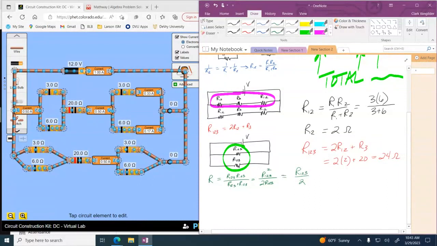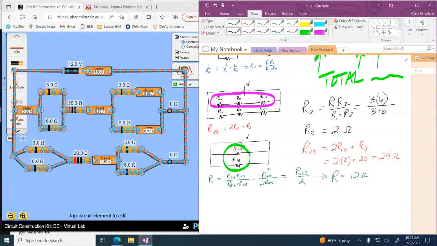In fact, every time you have two resistors in parallel that are identical, their equivalent resistance is always half of one of them. That trivial mathematical thing. And so this means that R is just going to be 12. So 12 ohms is the total resistance of the circuit.